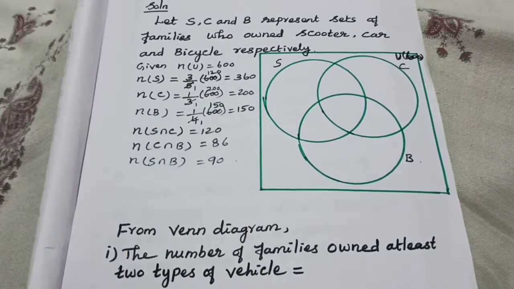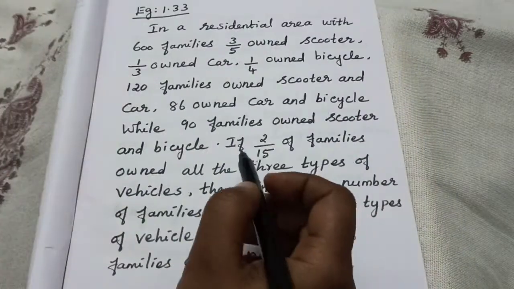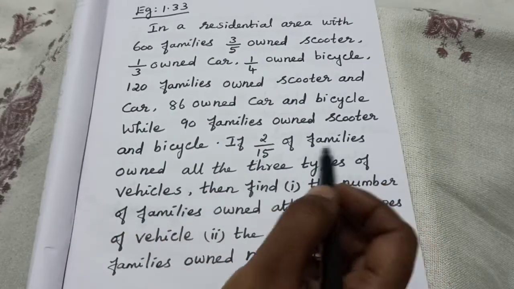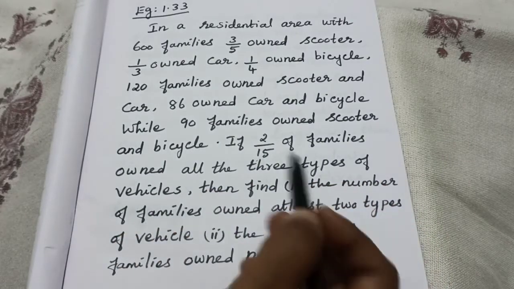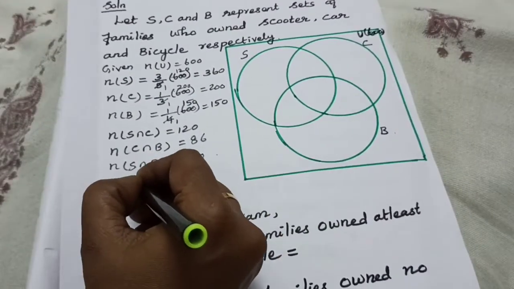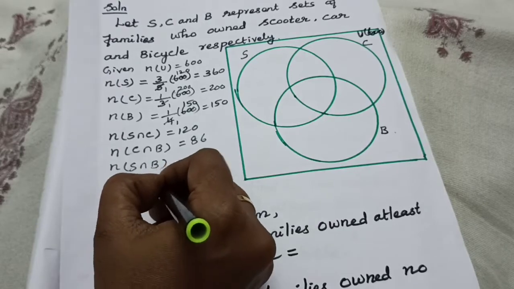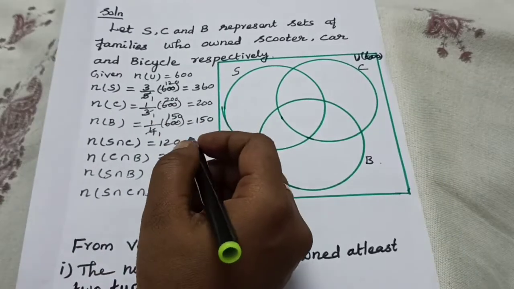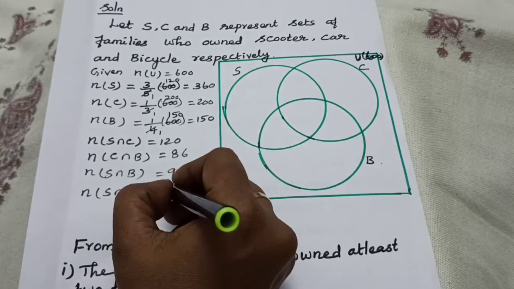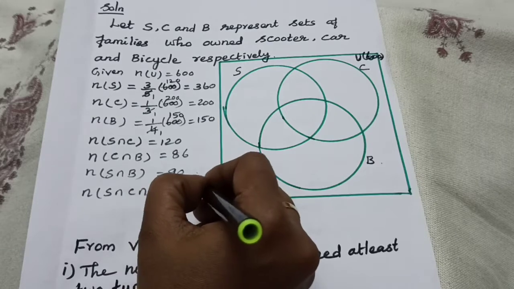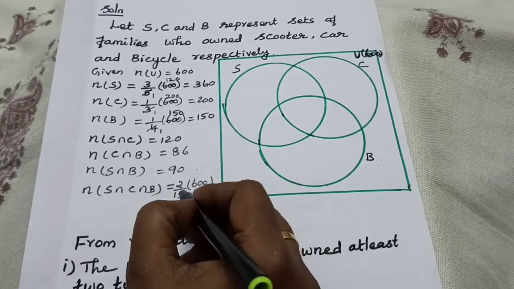Then again what is given? 2 by 15 of families want all the 3 types of vehicle. How many of them are using all 3? Then n of S intersection C intersection B is equal to 2 by 15 of 600.